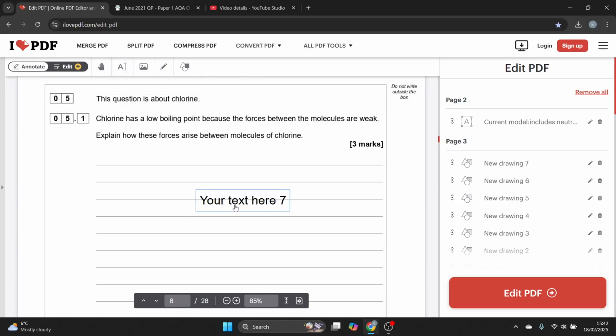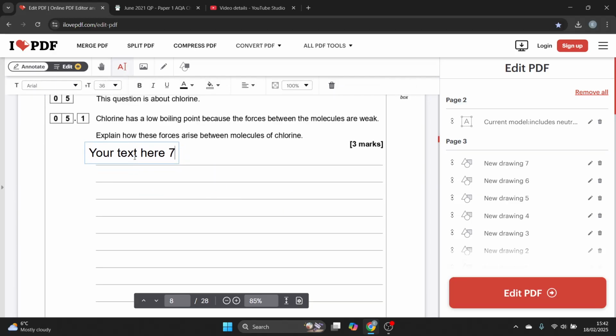Chlorine has a low boiling point because the forces between molecules are weak. It's talking about the forces that arise between molecules of chlorine.